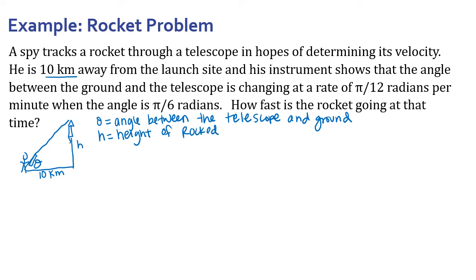All right, so dh dt is what I'm solving for. I'm solving for how fast, what's the velocity, so what's the rate of change that this rocket is making. I know that the rate that the angle is changing is pi over 12 radians per minute.